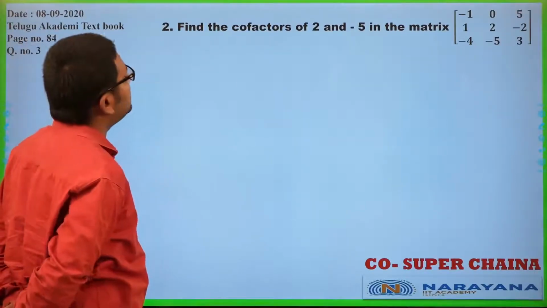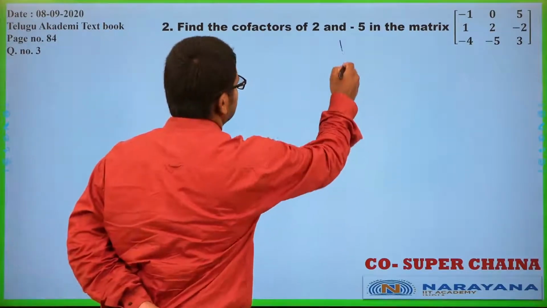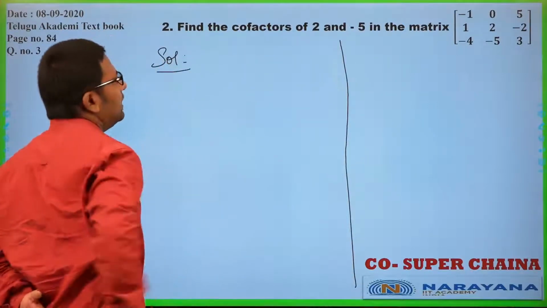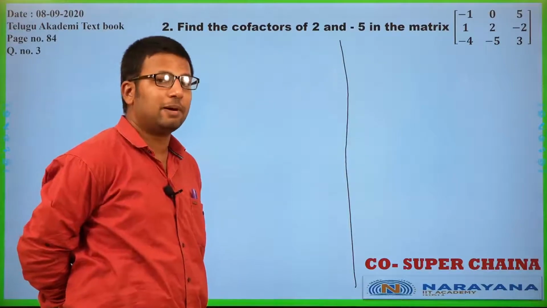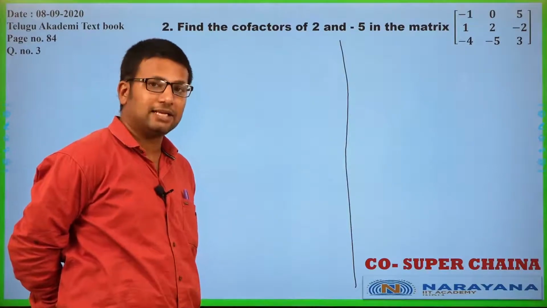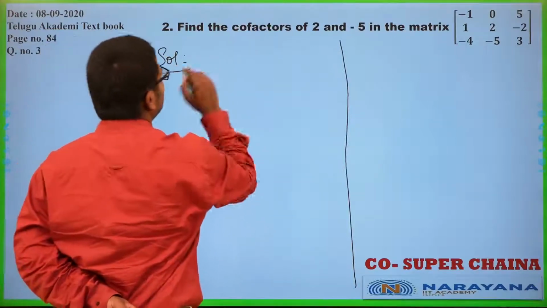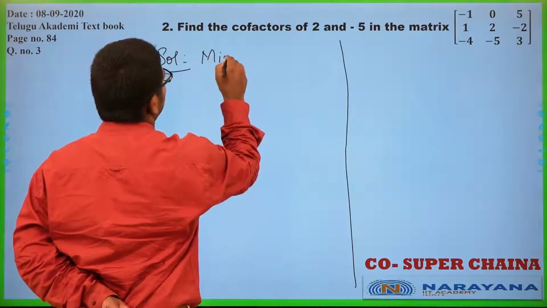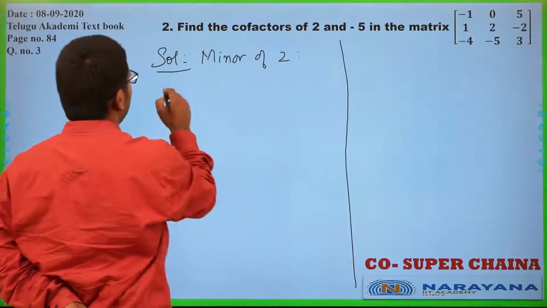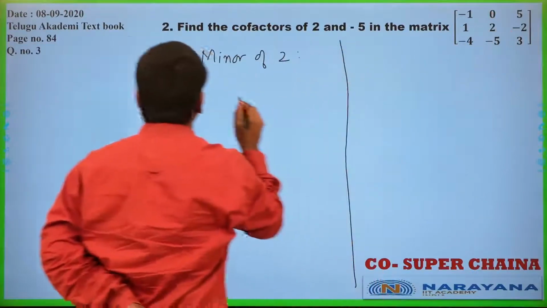Find the cofactors of 2 and -5 in the given matrix. In the previous question we were asked about minors. Now cofactors. To calculate cofactors, let us first calculate the minor and then apply the formula for cofactor. Let us first find the minor of 2. 2 is in the second row, second column, so leave the second row and second column.